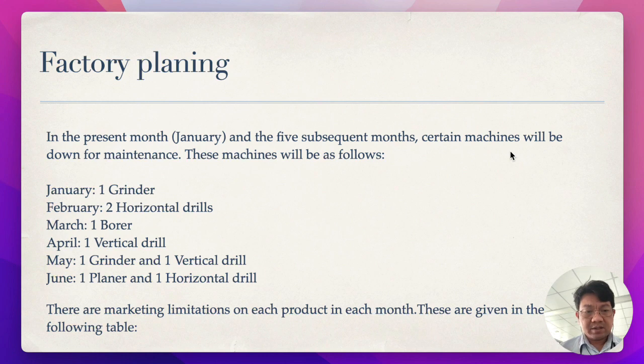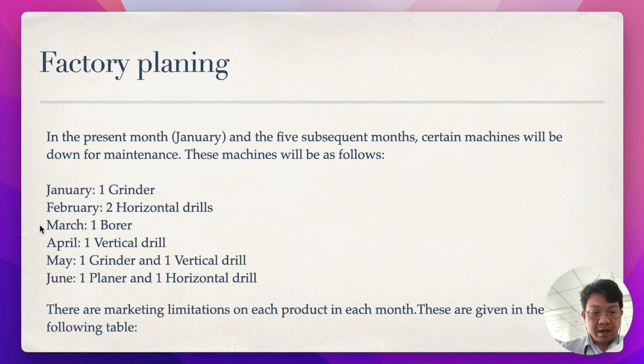Based on this information, assume that we are in January, we call it the present month, and the 5 subsequent months. Certain machines will be down for maintenance, of course, and these machines will be as follows. For example, in January, 1 grinder will be down for maintenance. In February, 2 horizontal drills need maintenance, so they will be down.